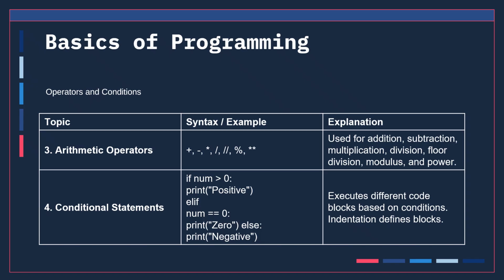While using division, you will get remainder values, right? To get those values, you use this percentage symbol. And double star means power. If you give 2 star star 3, it means 2 power 3, which is 8. It will take the power of the values. For that purpose we are using it.